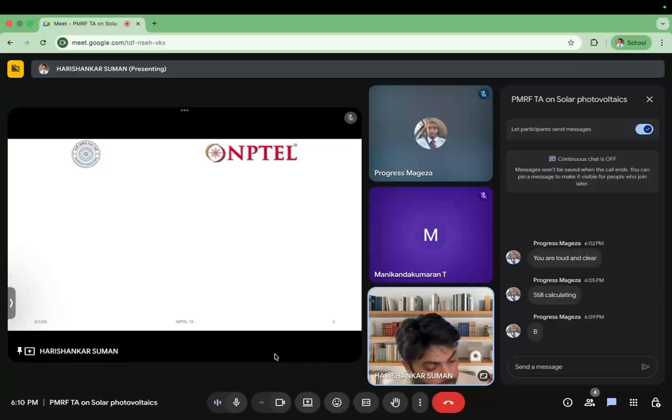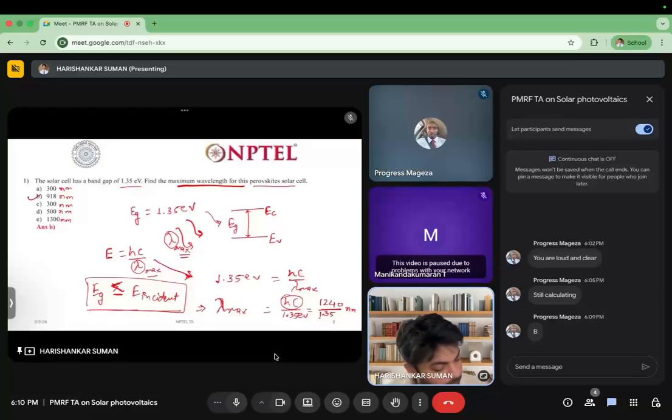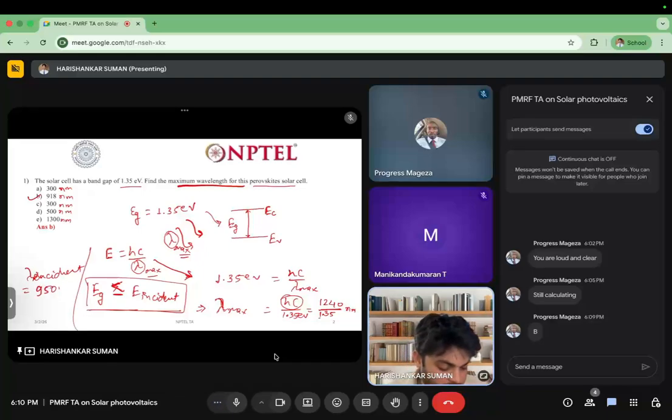Let's say you have lambda of incident photon equal to 950 nanometer. Will this band gap work to absorb the photons? Yes or no?